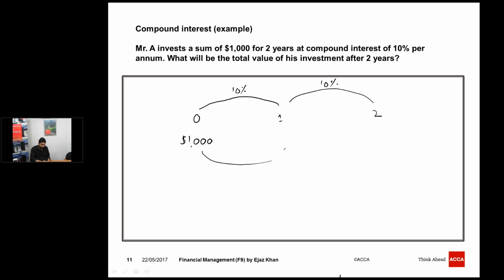After 1 year, he will get 10% of what he has invested, 10% of the $1,000, which is equal to $100. After 1 year, the total value of his investment, including the amount of interest, will be $1,100.